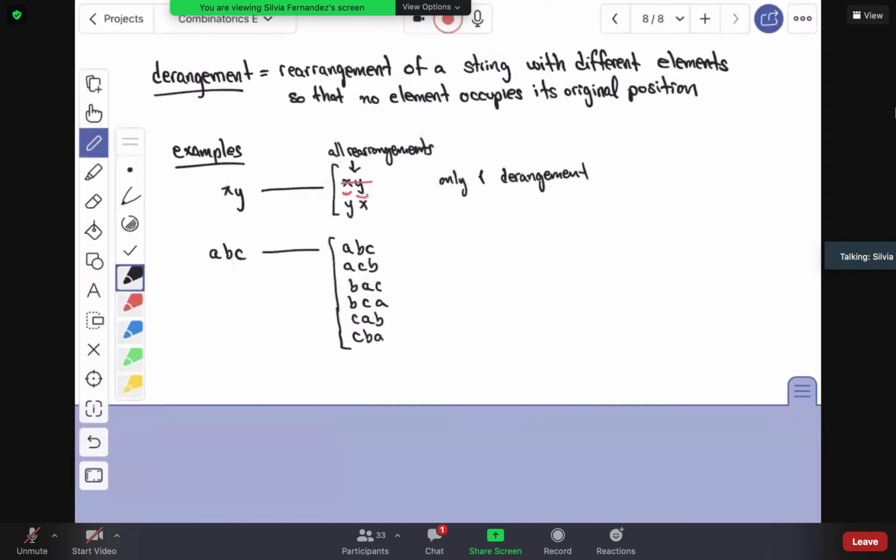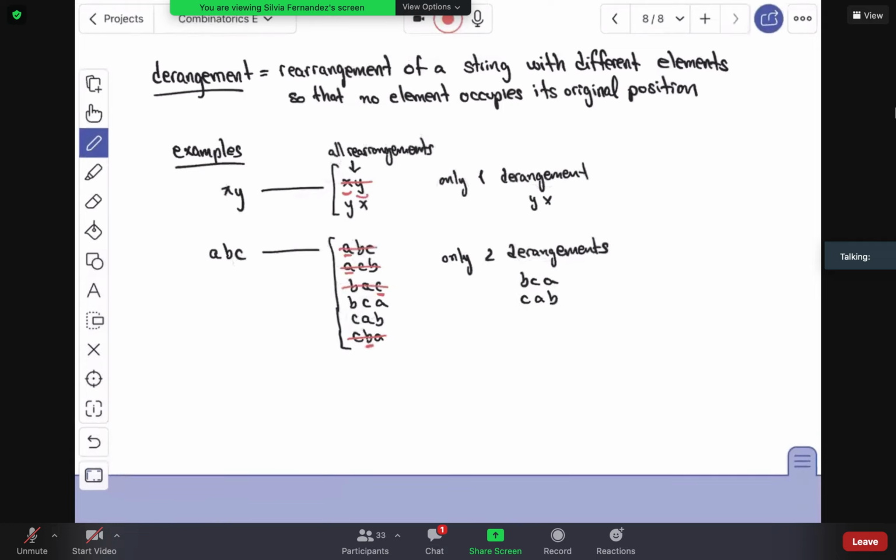But many of these fail to be derangements because here the A is in its original position, here the B is in its original position, and here the C is in its original position. So all of those fail, and some of them for more than one reason. So the only derangements are BCA and CAB. Okay.